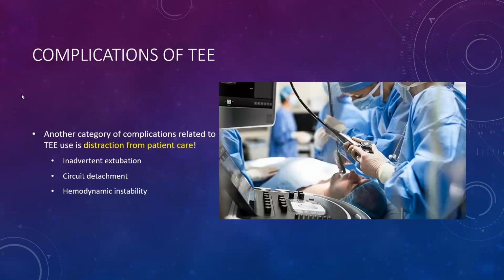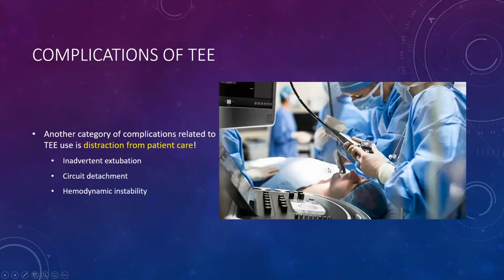So something I really hammer home to my residents is the TEE is another one of our monitors, just like our ART line, just like our central line, just like our EKG and our pulse ox. It's something to contribute to your overall understanding of the patient. And if you get fixated on it and ignore everything else, it can become extraordinarily dangerous.